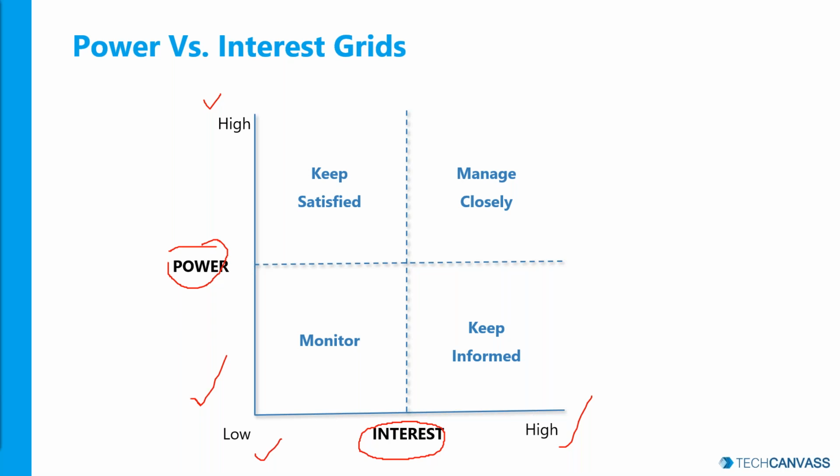It's not that we should exclude them from the communication; at least keep them informed and keep monitoring them so that they are up to speed with what's happening in the project. So you may place your stakeholders across various quadrants and then analyze how you are going to engage them constantly throughout the project. This is one of the tools. There are other tools like directions of influence, salience model. You can research, but this is quite effective.